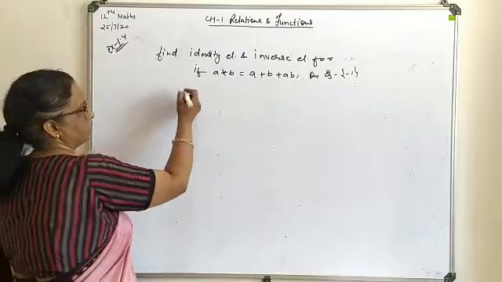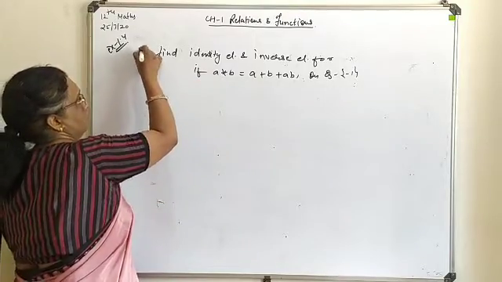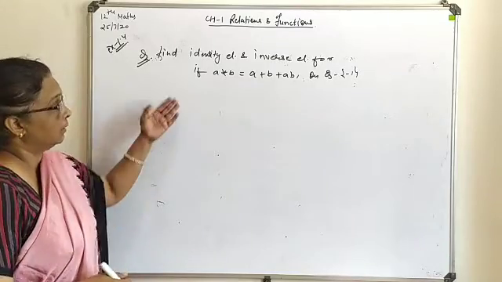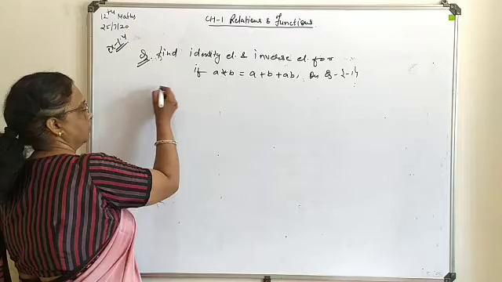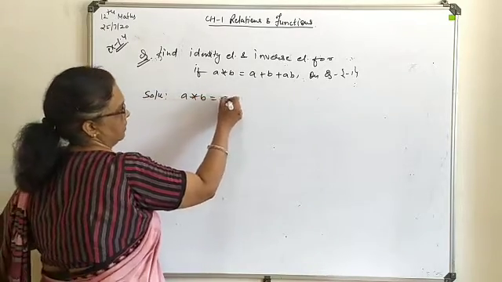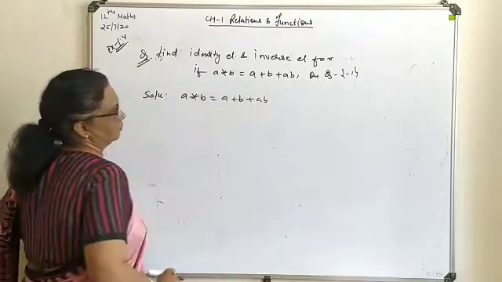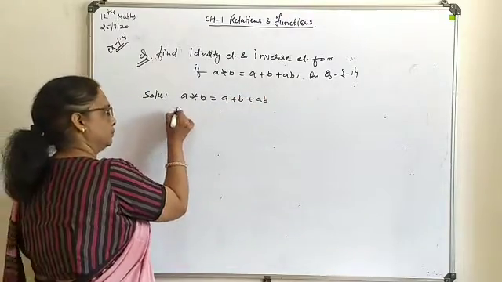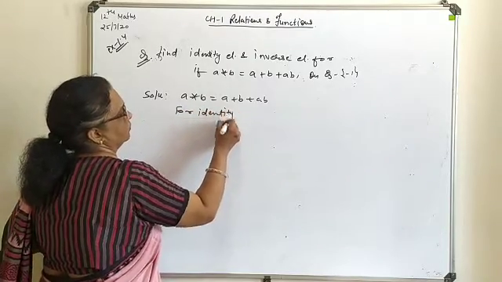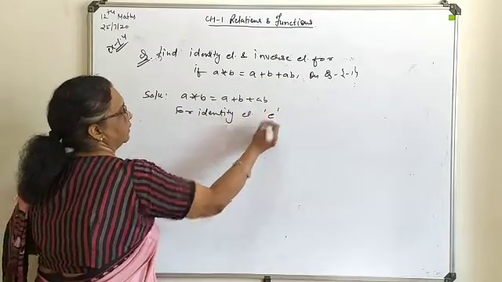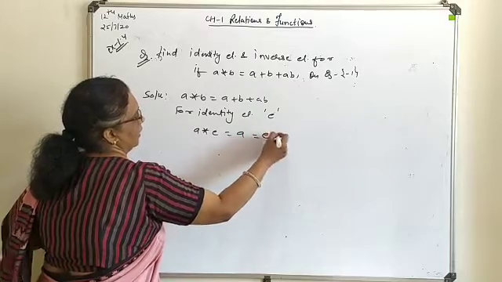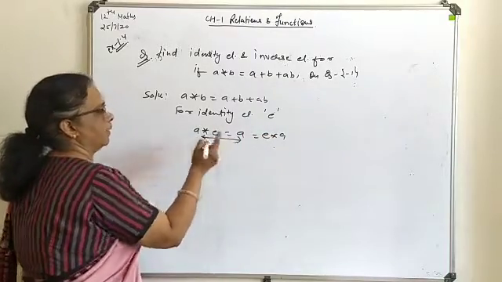Now here, first of all we will go for evaluation of the identity element. So here A star B is available as A plus B plus AB. For the identity element, A star E should be the same as E star A. So this we are going to pick up and check the other one.